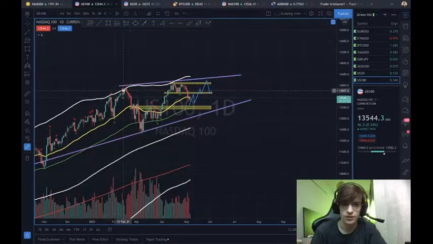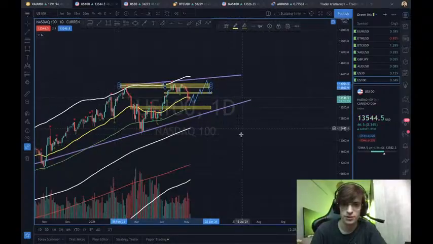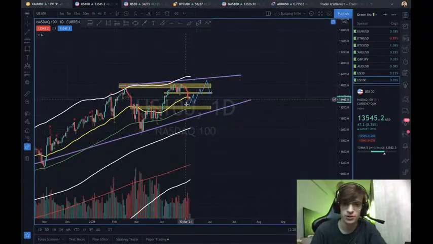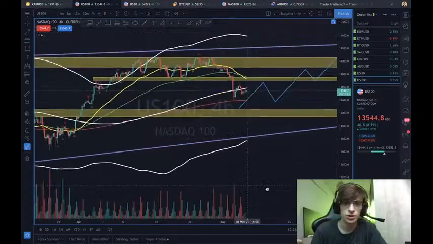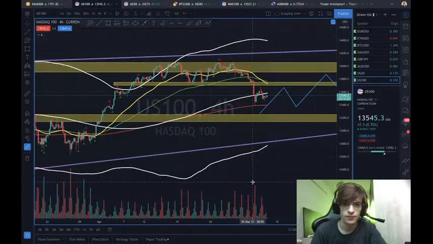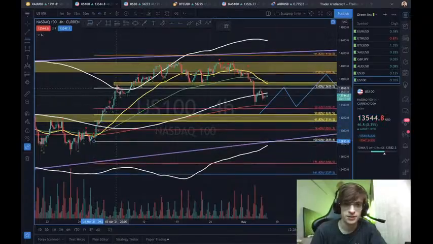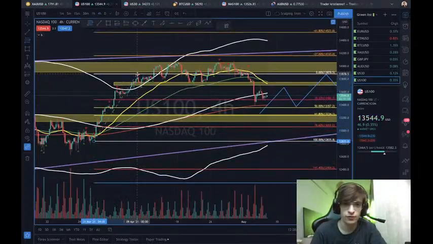Here you see a double top on the daily, so it probably will go down to this zone. On the 4H time frame, we can use this major move for a Fibonacci.